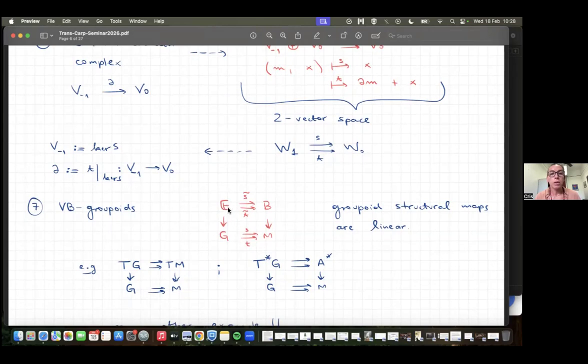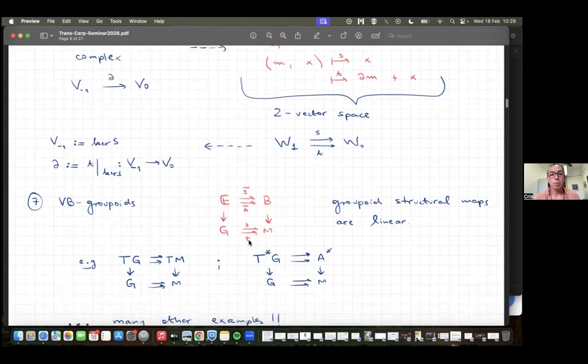E is a vector bundle over G, B is a vector bundle over M, but also E has a groupoid structure over B, and G is a groupoid over M. And we require that all the groupoid structural maps, source, target, and so on, are vector bundle morphisms covering the corresponding structural maps of G.